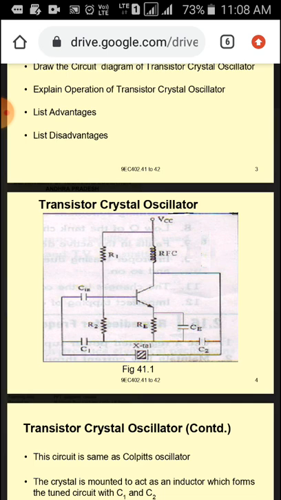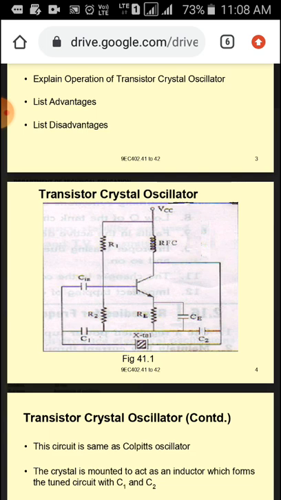Here, if we see the circuit details, there is an amplifier circuit, a tank circuit and feedback. The output of the transistor is given to the tank circuit as feedback. The tank circuit comprises two capacitors, C1 and C2, and one crystal element.